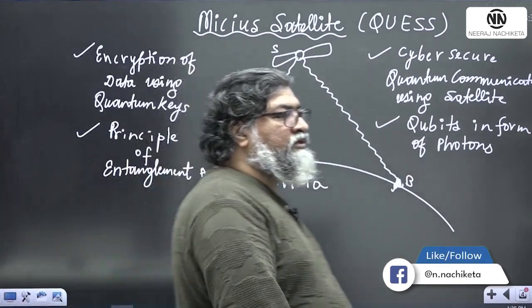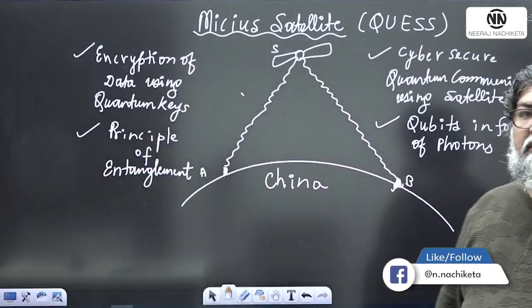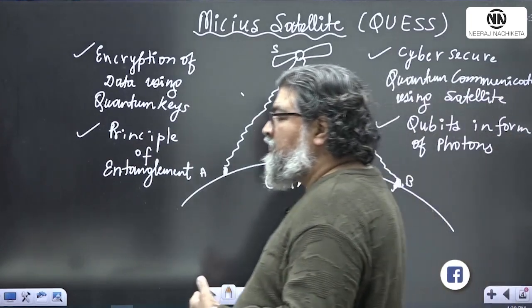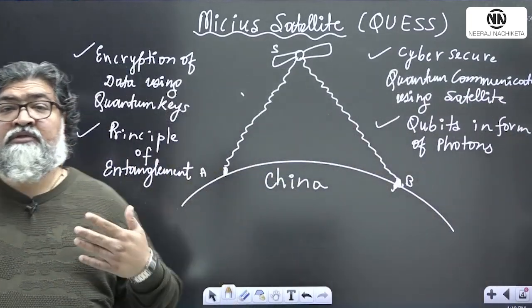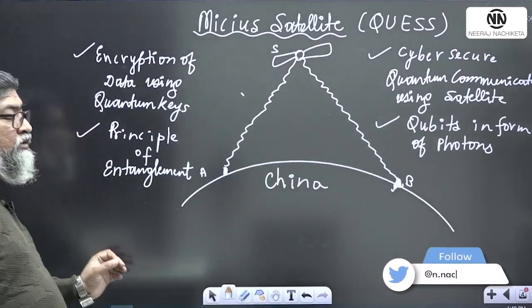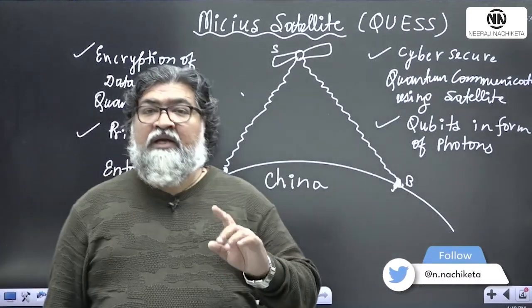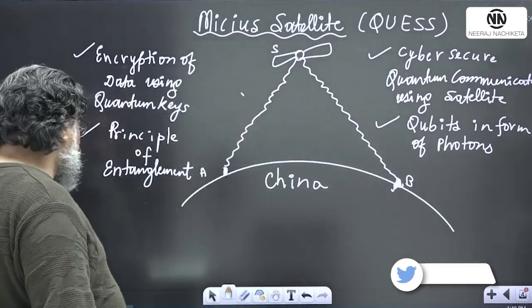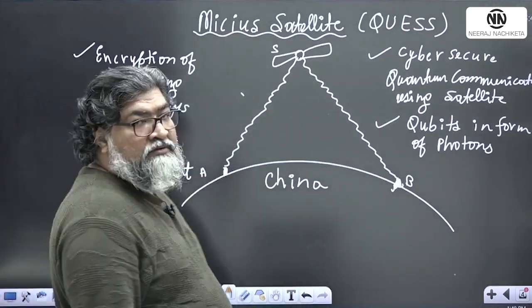Sycamore and Google processing, I have already mentioned that. Now let's look at potential applications of quantum systems in the future. When the question comes, there will be the basic concept and then the application part. So I'll now come to the application part, right?